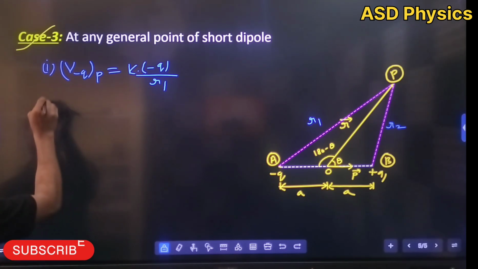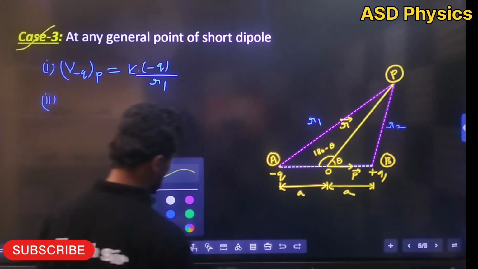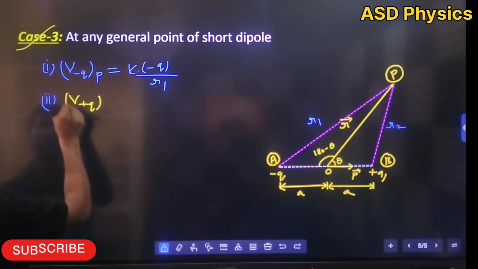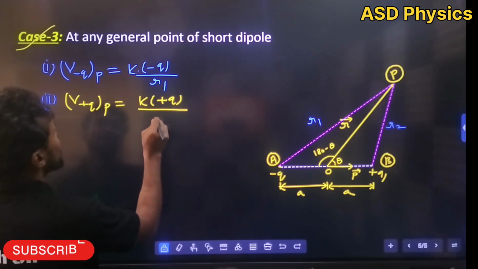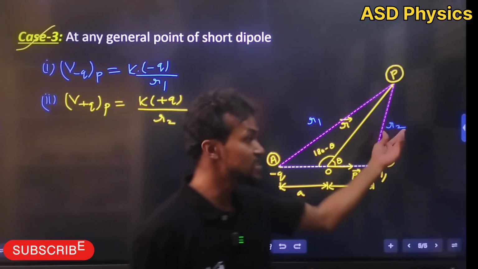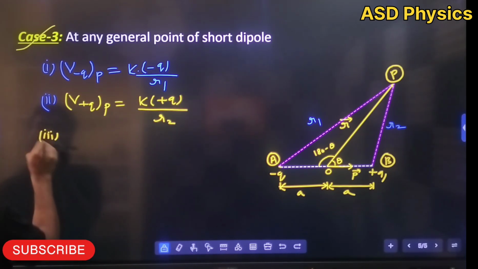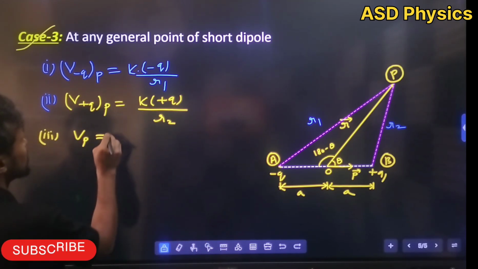Similarly, potential at point P due to plus q charge is given by K into plus q by R2, because this distance is R2. Now the overall potential at point P due to the electric dipole is given by, so what will happen here?